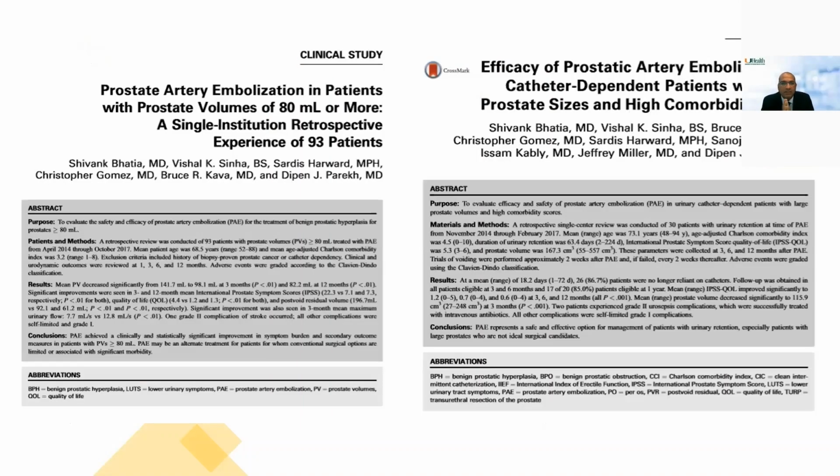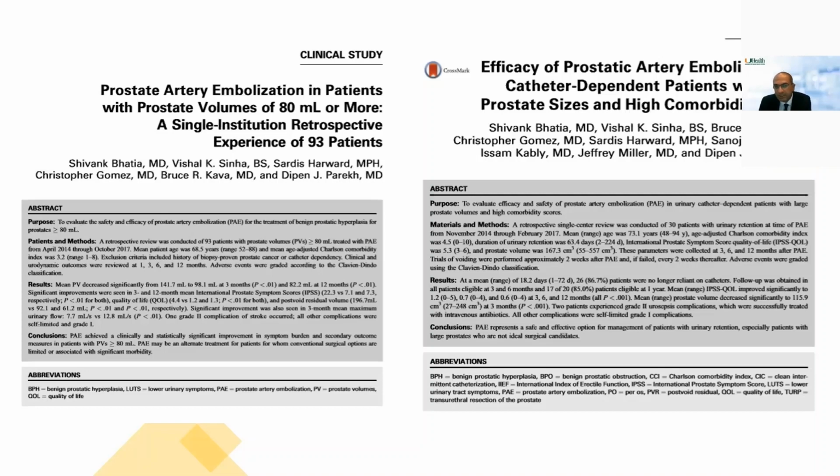Even in these 2 areas, in terms of larger glands, we published one of the largest series back in 2018. At that time it was the largest: 93 patients with a prostate volume of more than 80 ml, and another series on the efficacy of PAE in catheter-dependent patients with urinary retention, large prostate size, and high comorbidity scores.